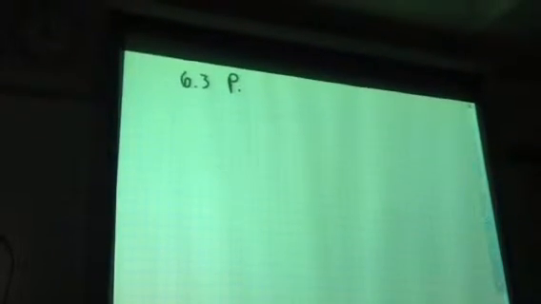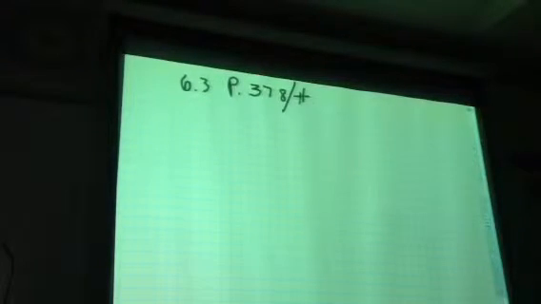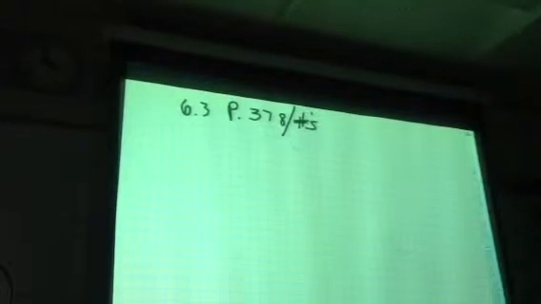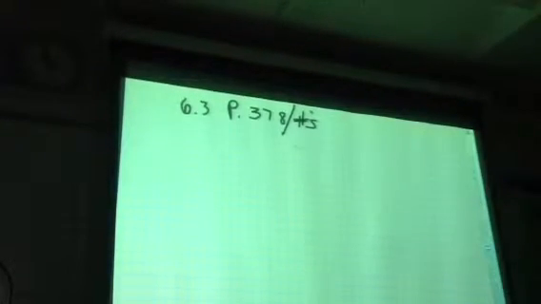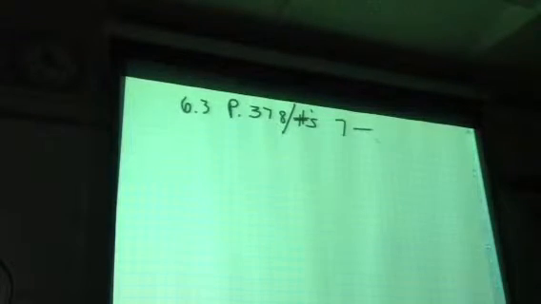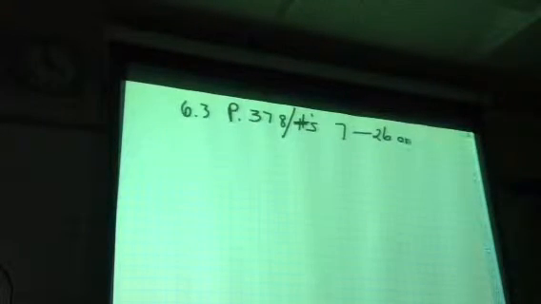6.3. It's going to be on page 378. And it's going to be numbers. You ready for this? All you got to do is please try to do, if you don't mind, 7 through 26, odds.